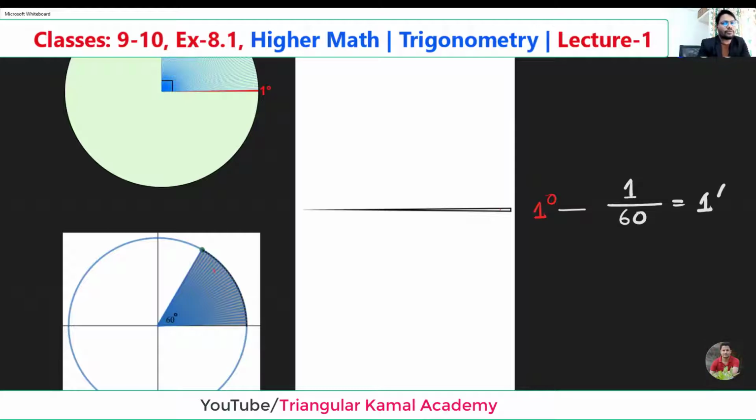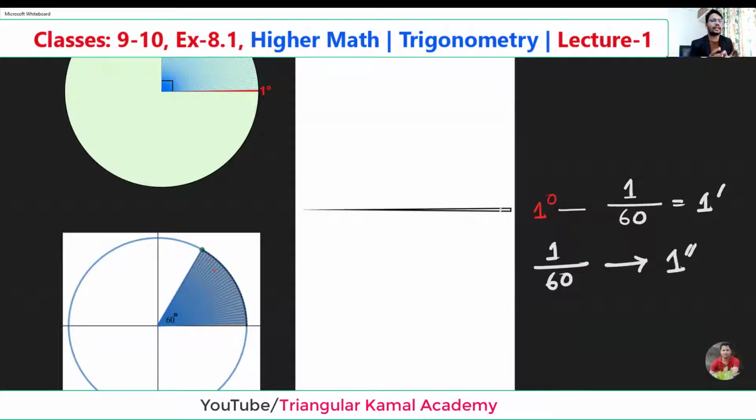So the length or measure of 1 degree is divided into 60 equal parts, and each part is called the standard form of 1 minute. Again, 1 minute is divided by 60, then this will be 1 second. This is the standard form of the second.